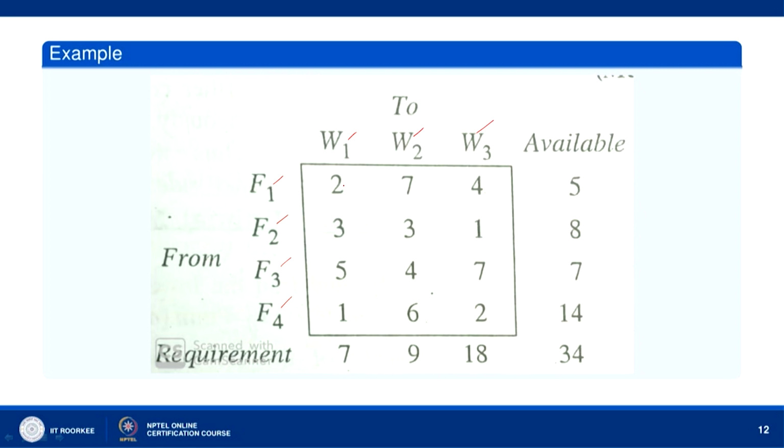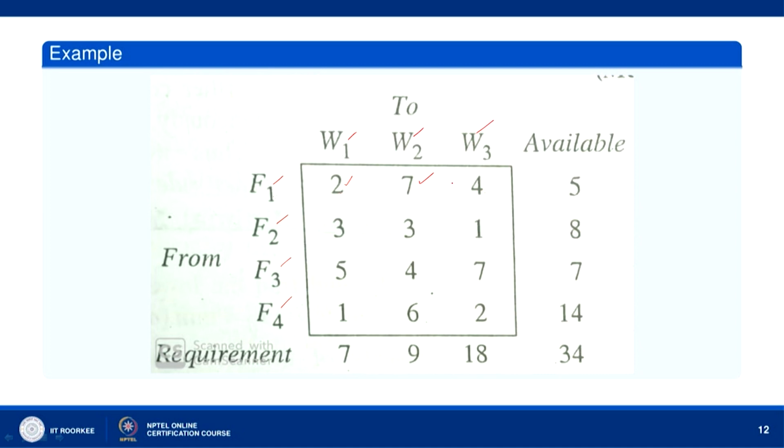And these are the transportation costs per unit from source F1 to destination W1. The transportation cost per unit of the product is 2 from the source F1 to the destination W1, from F1 to W2 it is 7, from F1 to W3 it is 4, and so on.